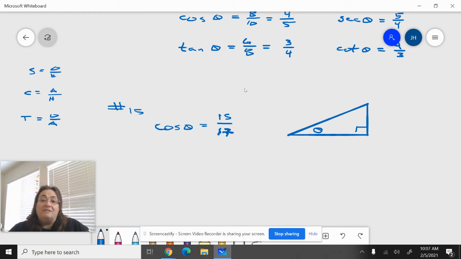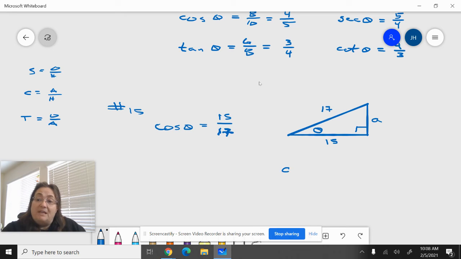So if cosine gives us adjacent over the hypotenuse, it's telling us that 15 is our adjacent and 17 is our hypotenuse. And we need to figure out what this other side is to figure what all of the other trig functions would be. I'll call this A. We need to find what side A is.